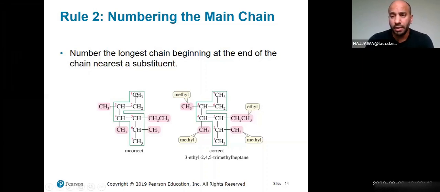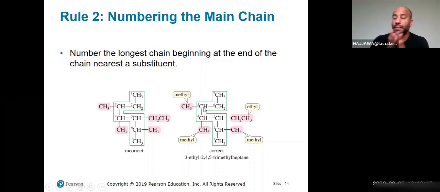You could have 1, 2, 3, 4, 5, 6, 7, or the other way around, 1, 2, 3, 4, 5, 6, 7. Which of the two is correct? Well, where are the substituents? Here they are sitting on 3, 4, 5, and 6, but here the substituents are sitting on 2, 3, 4, and 5.